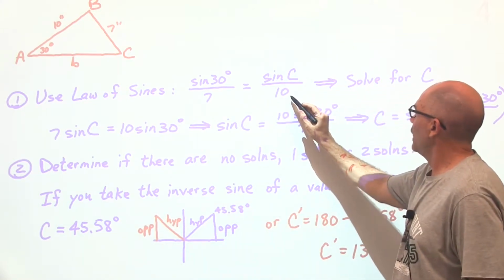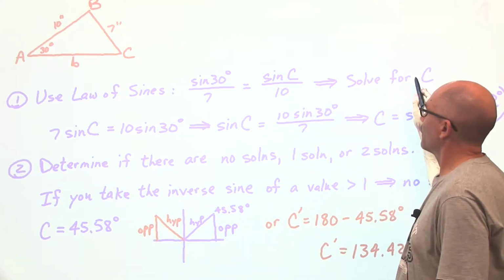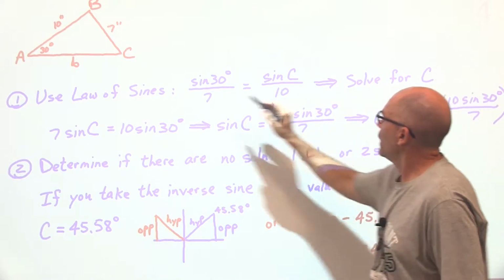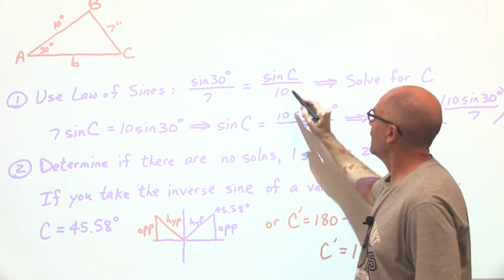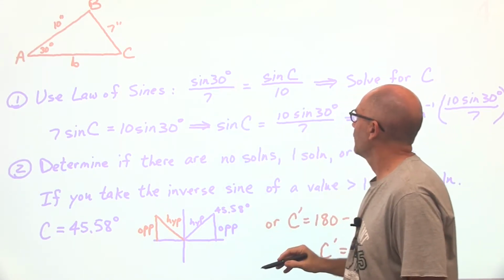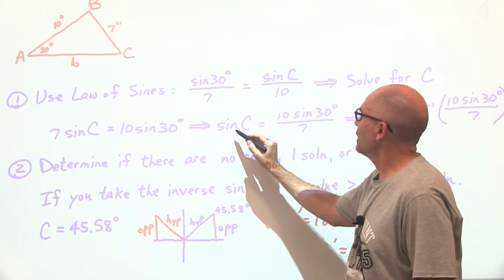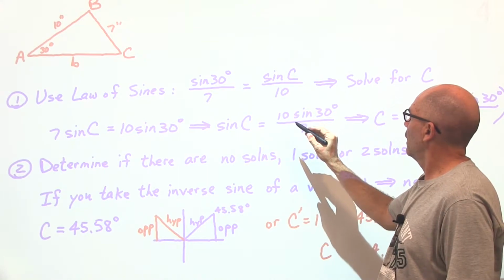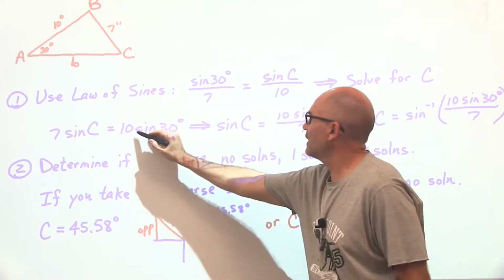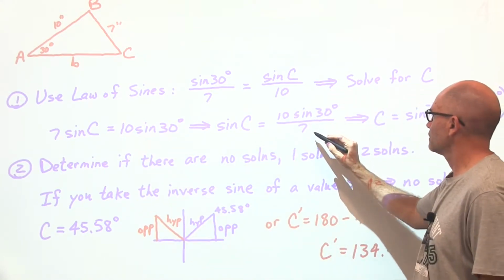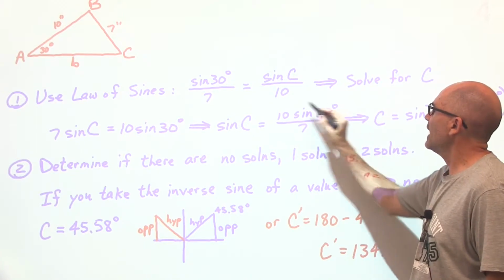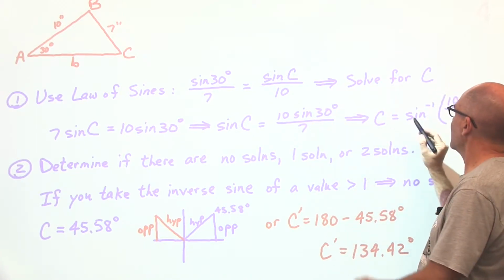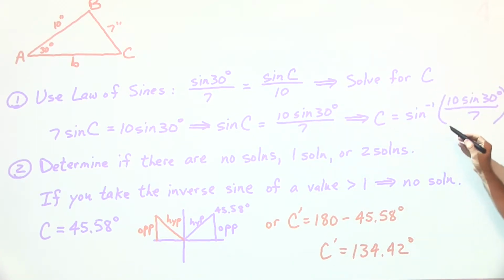Okay, this time when I do the cross product, I'm going to solve for C. Well, I end up with 7 sine C equals 10 sine 30. That means sine C alone is 10 sine 30 over 7. Now, to get angle C, I take the inverse sine of the 10 sine 30 over 7.